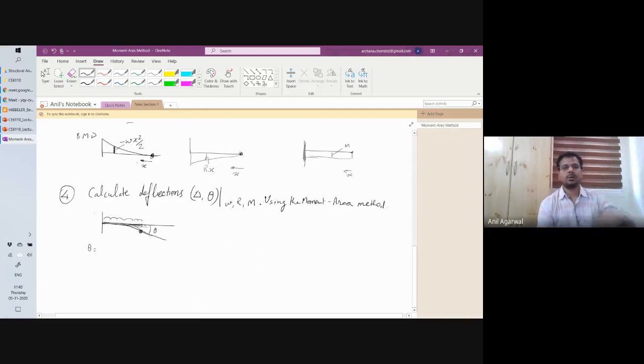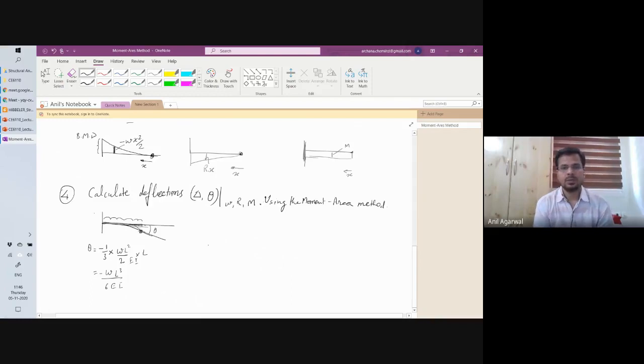This is a parabola, and we had just seen the area under this kind of parabola is 1 by 3 multiplied by the maximum value here, that is W L square by 2, divided by EI, multiplied by L. The theta direction we have to keep in mind: it is going to be downward, so you can call it negative, because this area was also negative. So you will get minus W L cube by 6 EI.